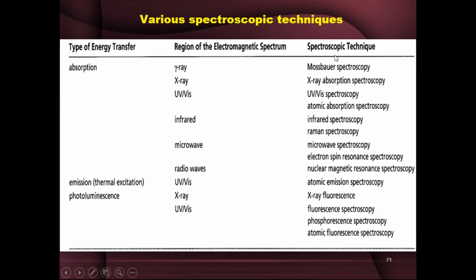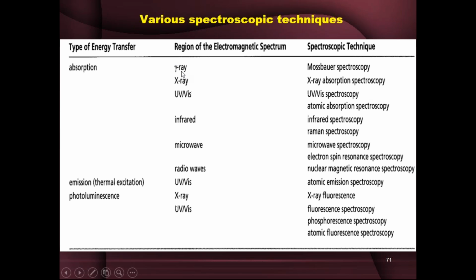Various spectroscopic techniques. You can see here the type of energy transfer. If it is absorption spectroscopy, then the region of electromagnetic spectrum that is used. You could have so many types of absorption spectroscopy and the name of the spectroscopic technique.